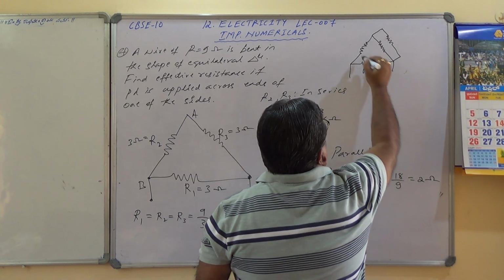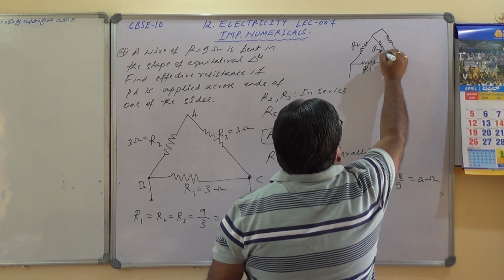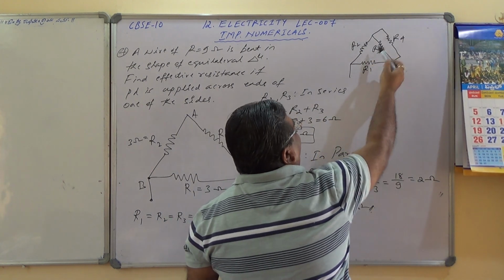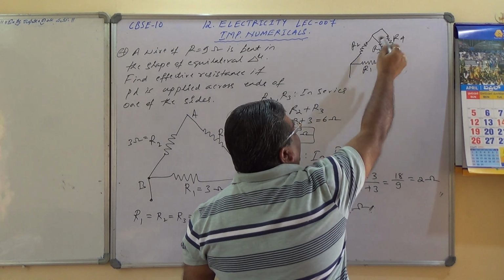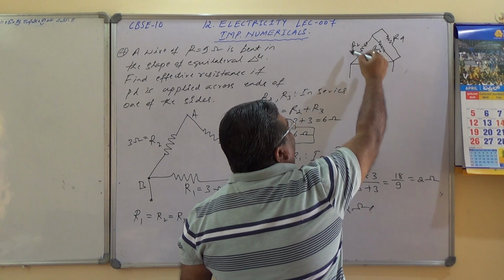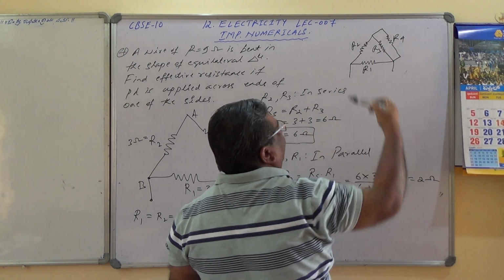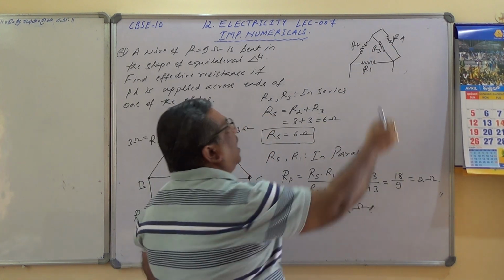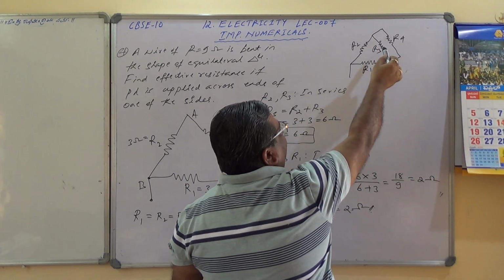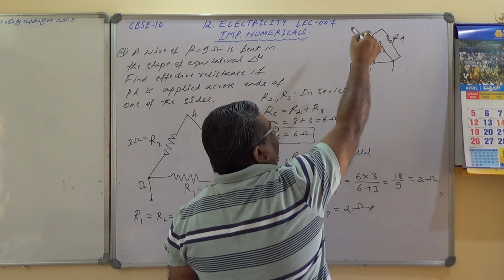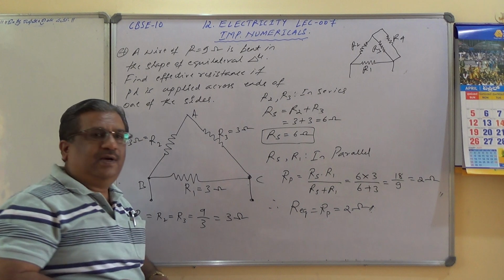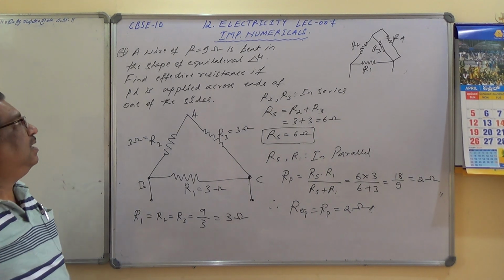So this is R1, R2, R3, R4. First what you can do is R3, R4 in parallel combination, work out that one. That one, Rp and R2 will be in series combination, and the put together will be in parallel combination with R1. Once again, R3, R4 in parallel combination. So Rp and R2 are in series combination. Put together, that is that one, and R1 is in parallel combination. So I hope you understood. You can work out that. Okay. Let's go to the next problem.